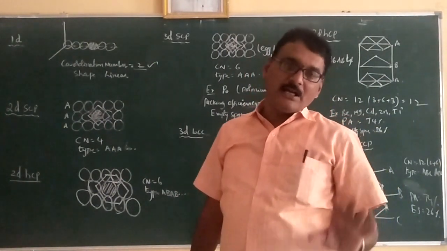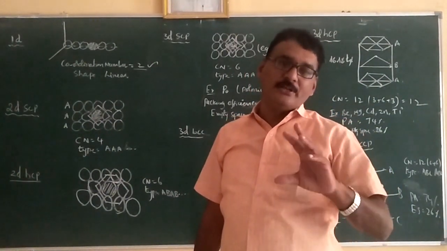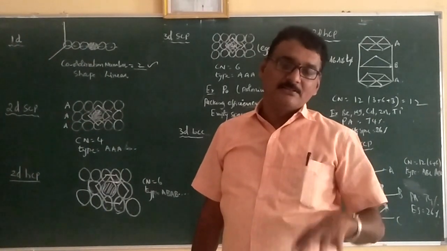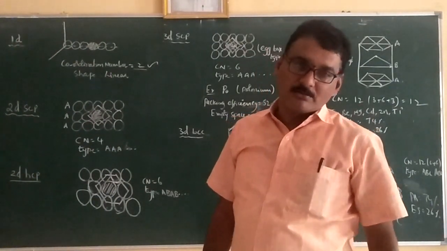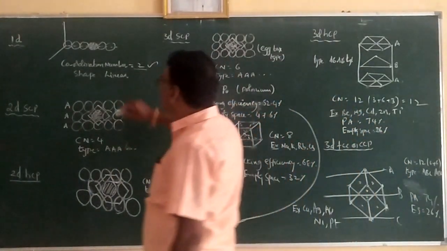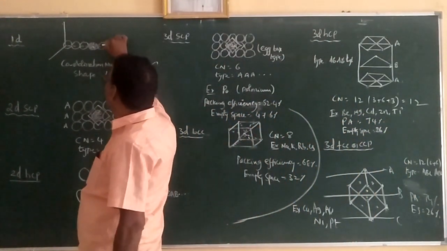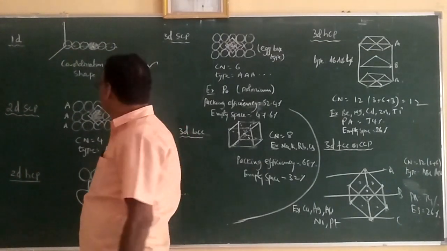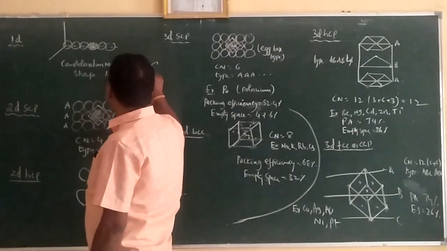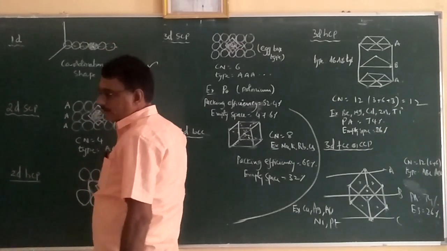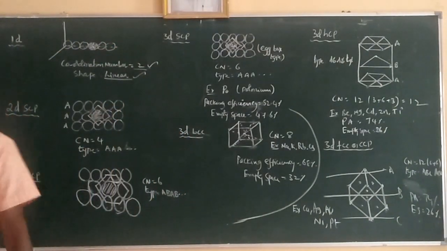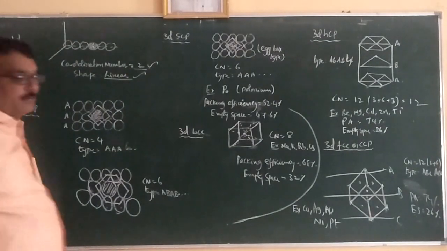This sphere is joined with two other spheres, so the coordination number is 2, and the shape is linear. This is the first one.